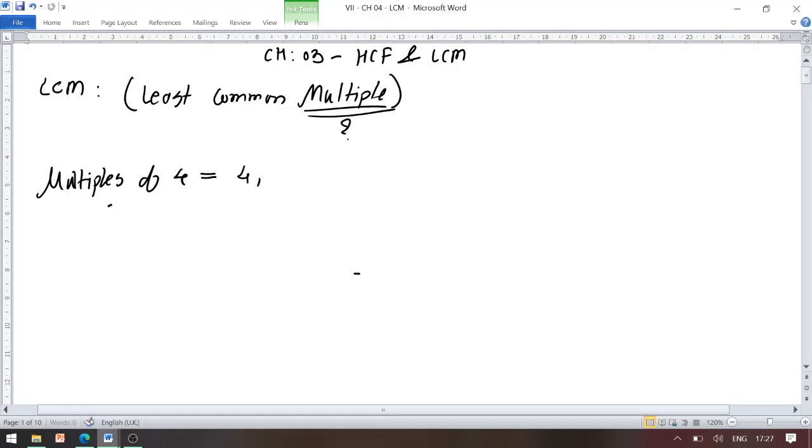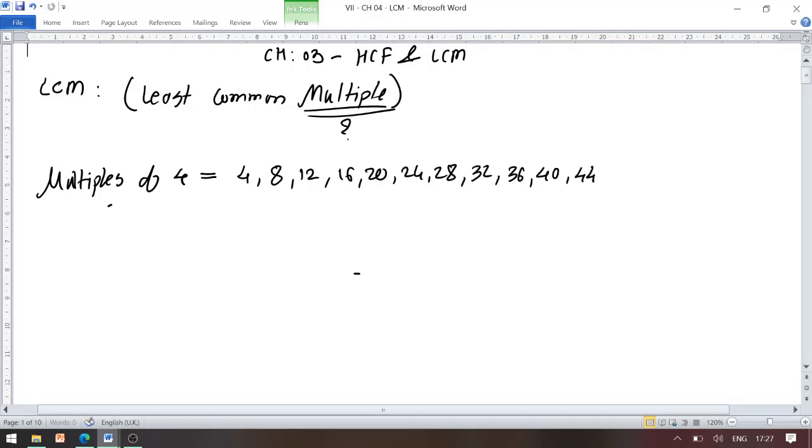4 ones are 4. 4 into 2 gives us 8. 4 threes are 12. 4 fours are 16, 4 fives are 20, 4 sixes are 24, 4 sevens are 28, 4 eights are 32, 4 nines are 36, 4 tens are 40.